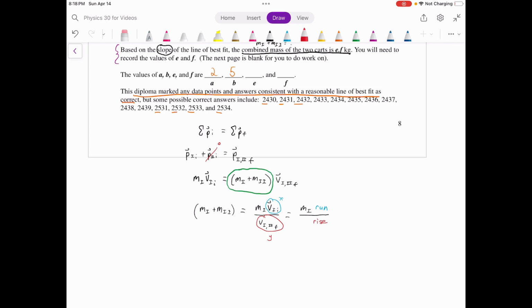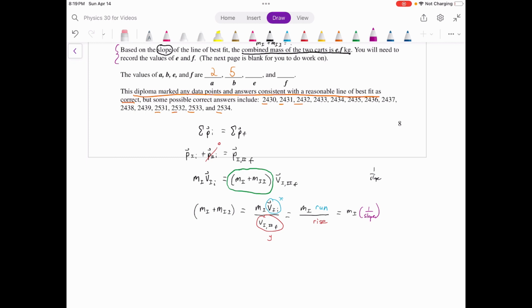But it doesn't change anything. We're still finding the run, we're still finding the rise, and we're just flipping the order we divide them. So what we're doing here, run over rise, that's 1 over the slope, the inverse of the slope. So this is mass 1 divided by the slope, if you like, or times 1 over our slope.